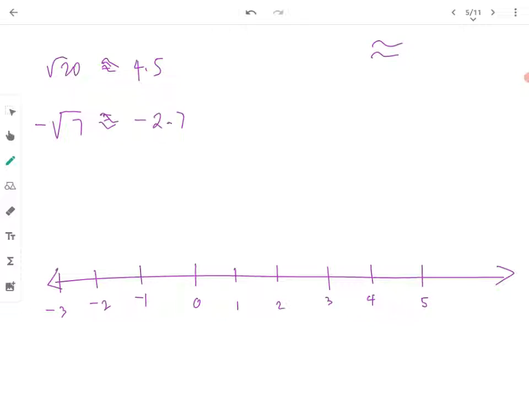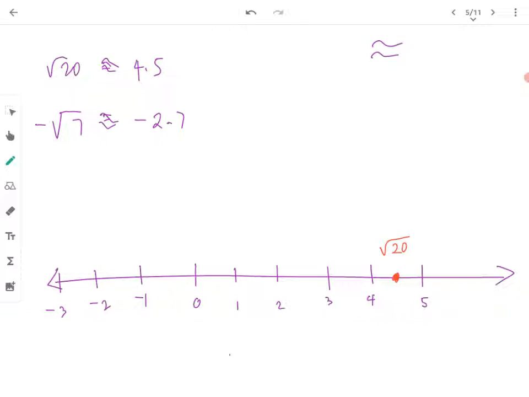With this, we will use the decimal values to plot, and 4.5 is here, in the middle. Let's label it not with 4.5, but square root of 20. Then we have also negative square root of 7, that is negative 2.7, so that's here. It's almost negative 3.